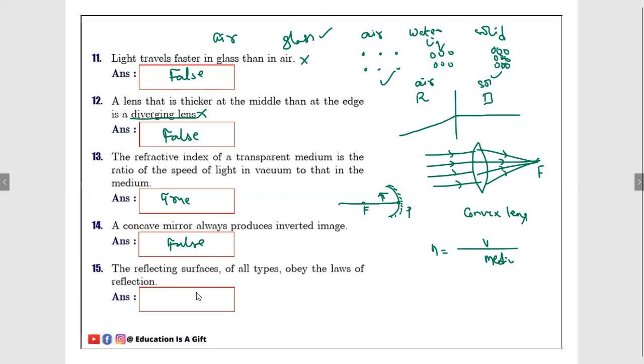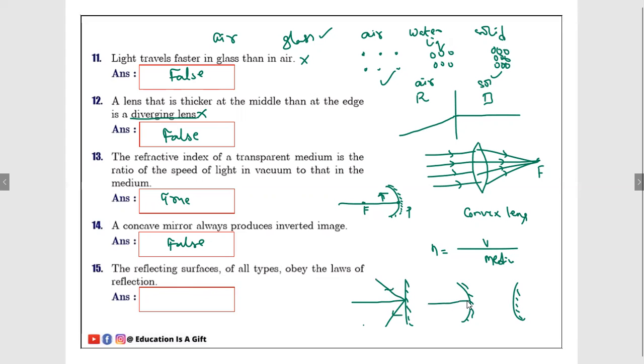Number 15. The reflecting surfaces of all types obey the law of reflection. Yes, that is correct. Whether it may be a plane mirror or concave mirror or convex mirror, the law of reflection, 2 laws are there. The normal, incident ray, and reflected ray will be lying on the same plane.